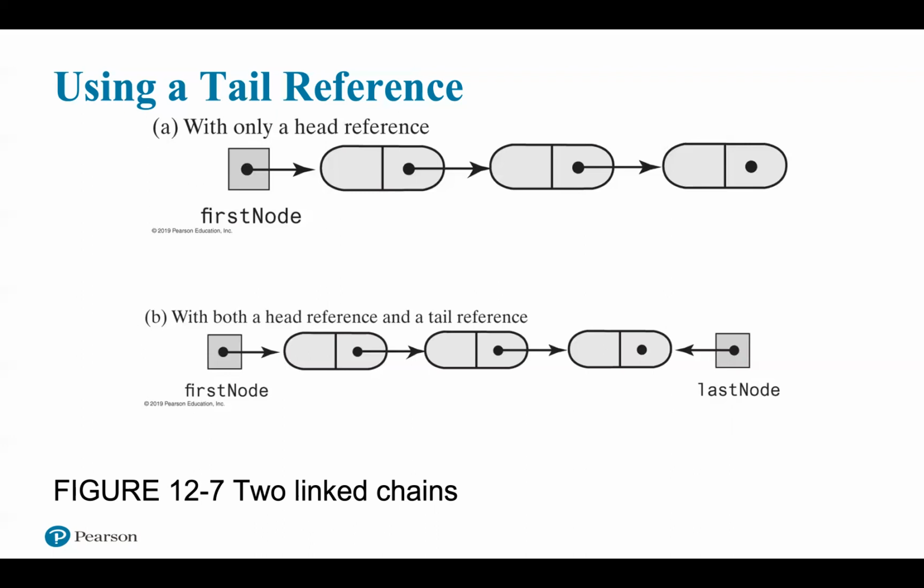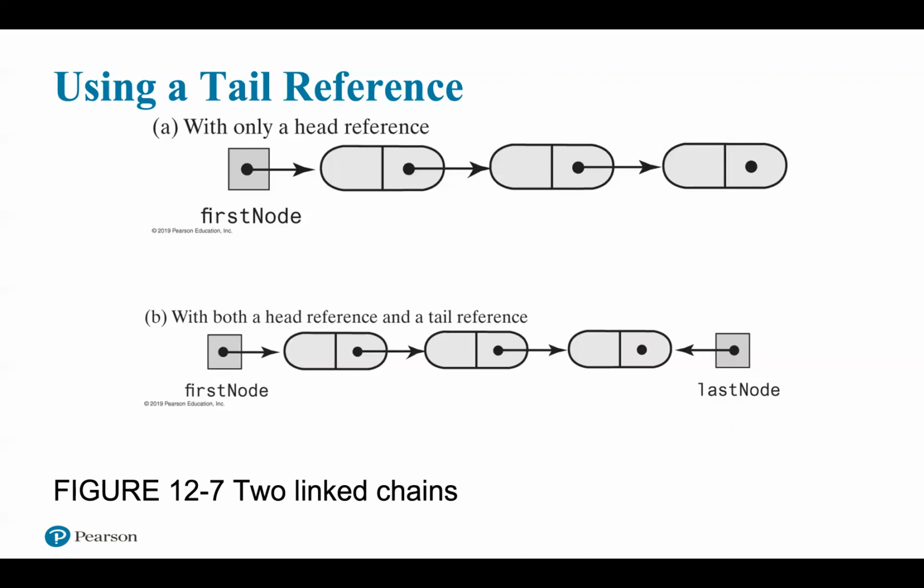Given a reference to the last node, add can insert the new entry at the end of the chain. If this reference is not retained when the method completes its task, adding another entry to the end of the list forces add to invoke getNodeAt again. The result is another traversal of the chain from its beginning. Since we plan to add entries repeatedly to the end of the list, many repetitious traversals will occur.